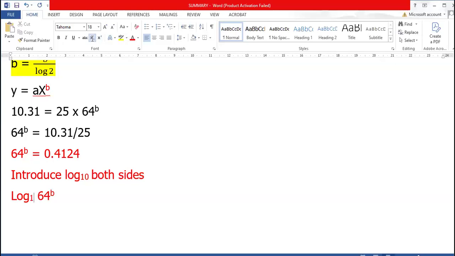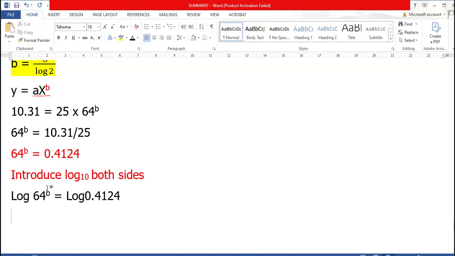Even if you do this on your calculator, that calculator is in log base 10. I am saying introduce log 10 both sides. So I put it this side and the other side. So this one will be log 0.4124.